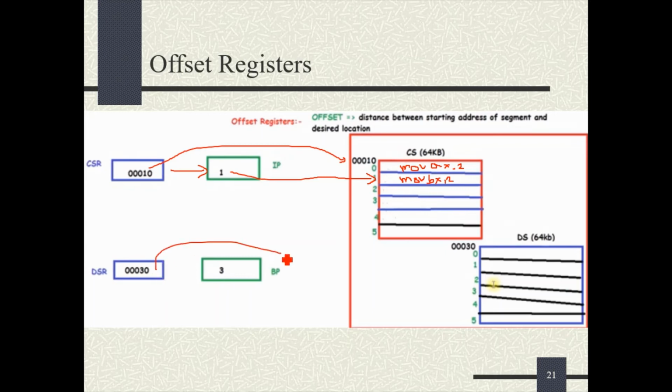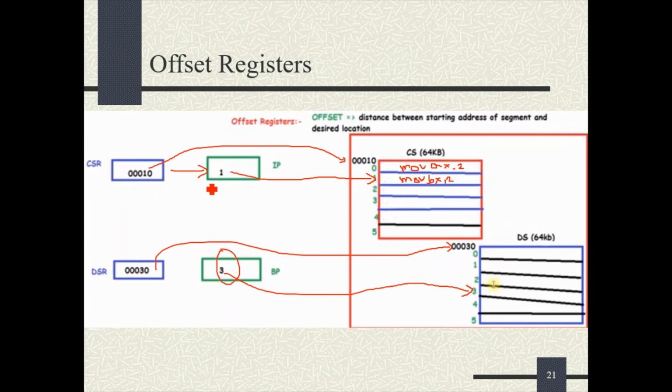Similarly, the data segment register is pointing towards the starting location of data segment in the memory, and its corresponding offset register, which is BP, is pointing towards the offset inside the segment. So each segment itself is now 64 KB, with addresses from 0 to FFFF, which has resulted in the increase in the memory capacity.